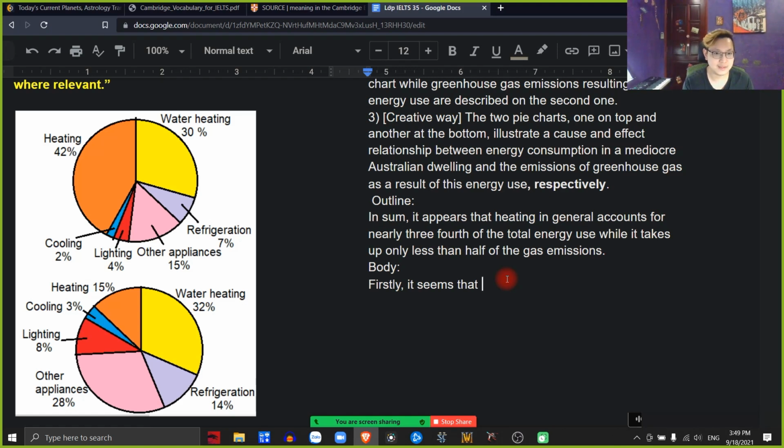So firstly, it seems that heating takes up. We use the word takes up already. Accounts for, I use accounts for already. It seems that heating, it's at 42%.